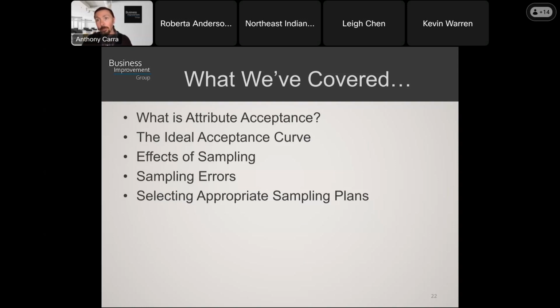And again, we wrapped up with how to select your own sampling plan, not just with software, but now thinking about AQLs and RQLs. If your procedure has different options, you can now think about which one you want based on having that process knowledge.